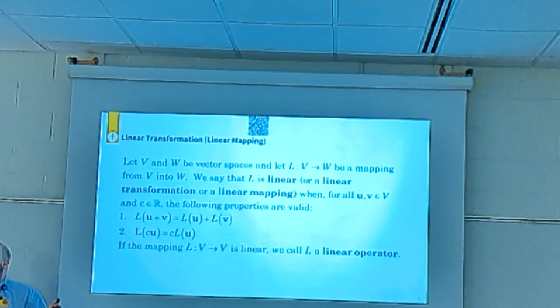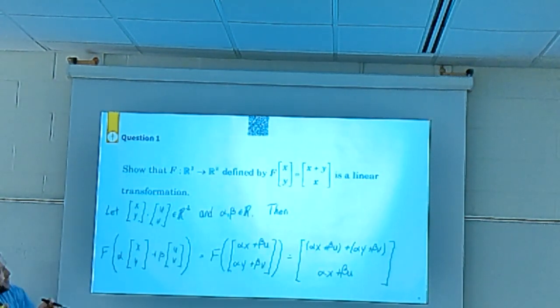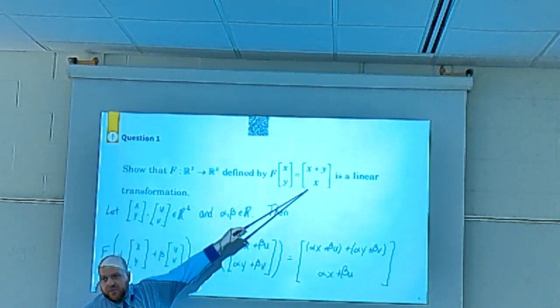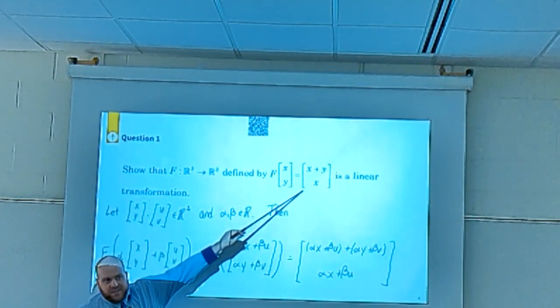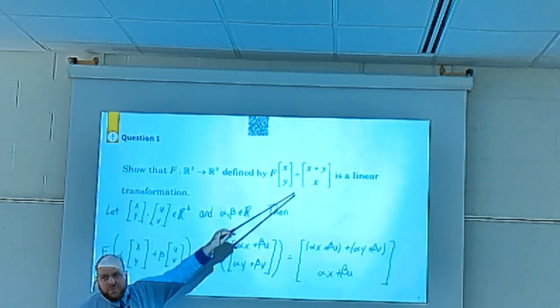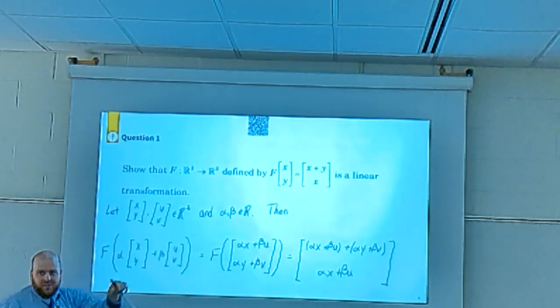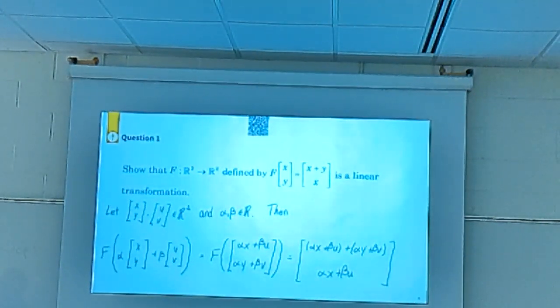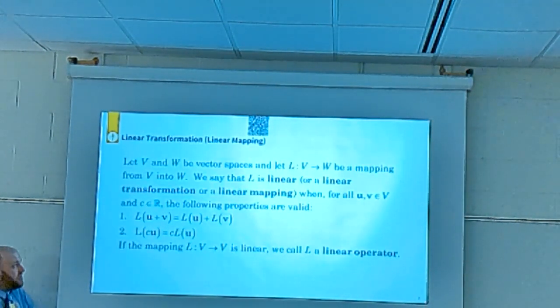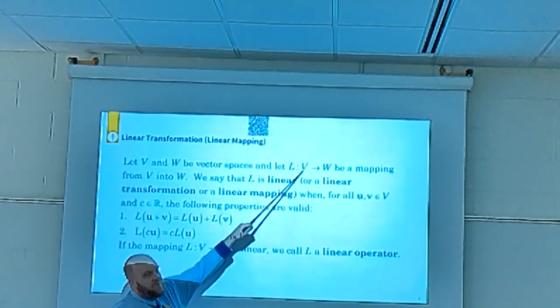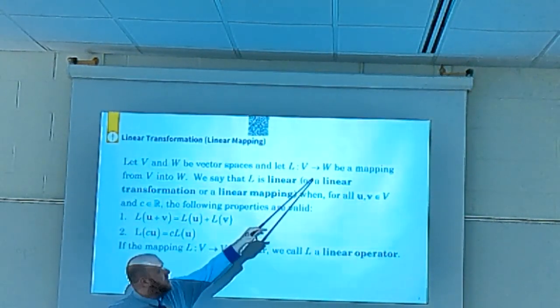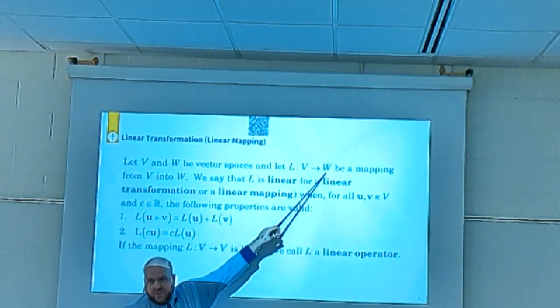Then you have your rule. Let's go down to here. This is the rule of the mapping, right? It tells you how f is being applied. So it should come as no surprise, V is your domain, W is your range.